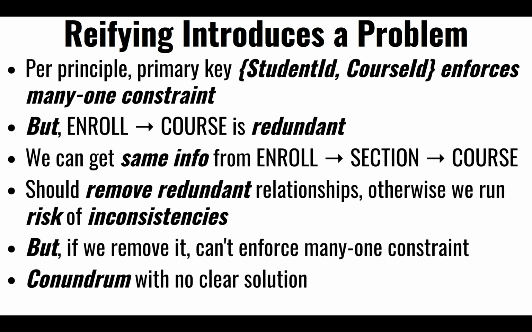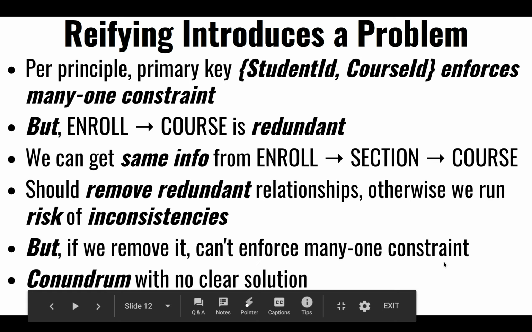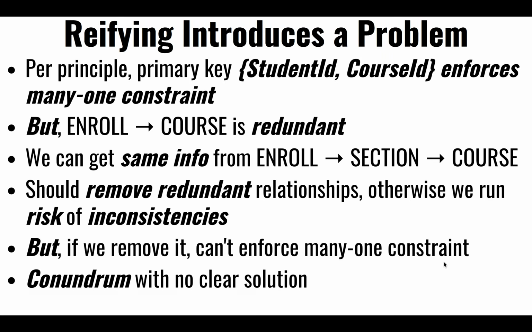Which query should I trust? But if you remove this path, you would be losing the many-to-one constraint here. So you have a conundrum: both solutions are bad. There's no way to enforce both at the same time.